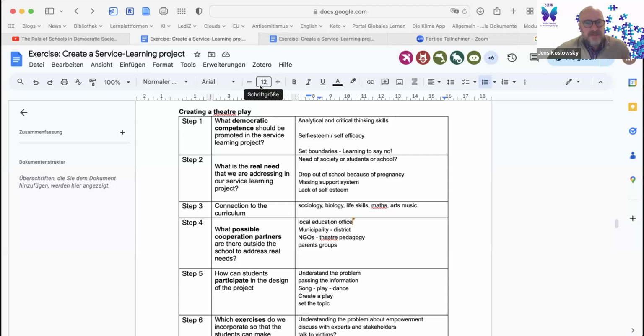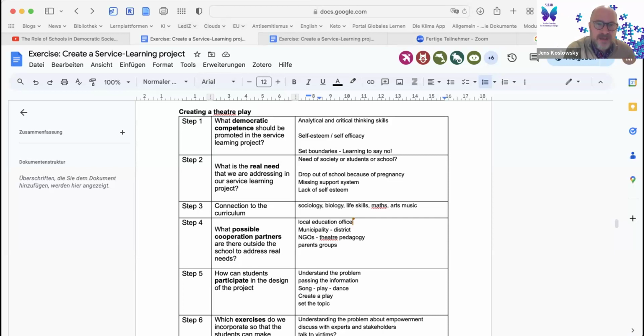How can students participate in the design of the project? First, obviously, they need to understand the problem for themselves. And this is then our connection to our analytical and critical thinking skills. Once they read about it, or they learn through case studies, through talking to experts, they understand that there is this problem, or maybe they have even experienced it themselves to some extent.